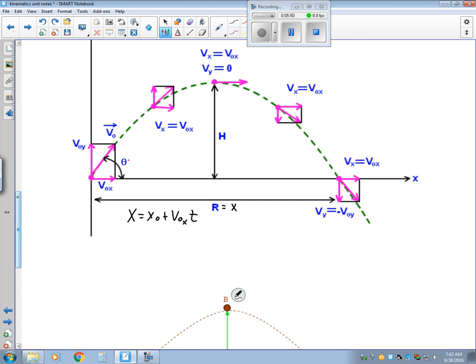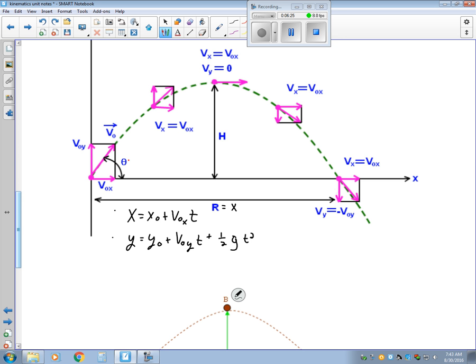And then for the y component, we have that formula. And it really comes down to two equations, two unknowns. You should be given just enough information where you have two unknowns, and you can use these two formulas to solve for those two unknowns.